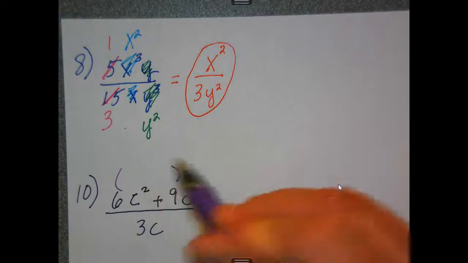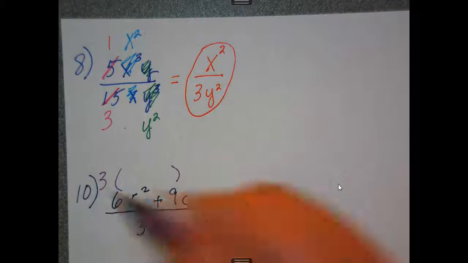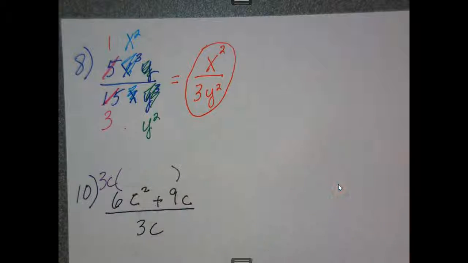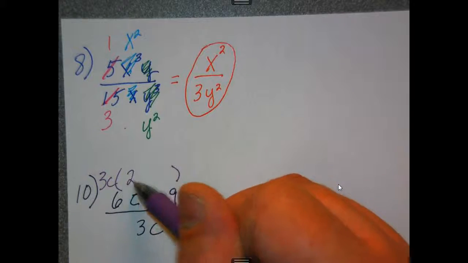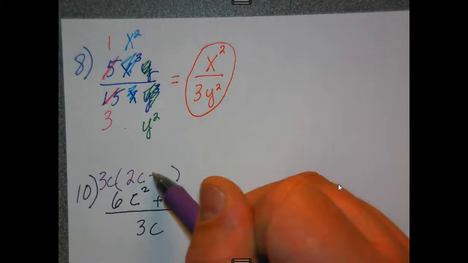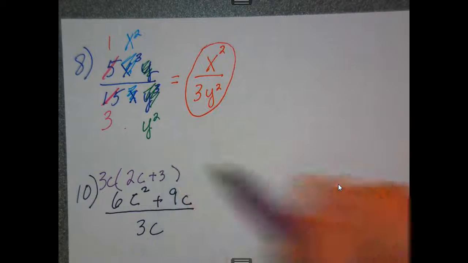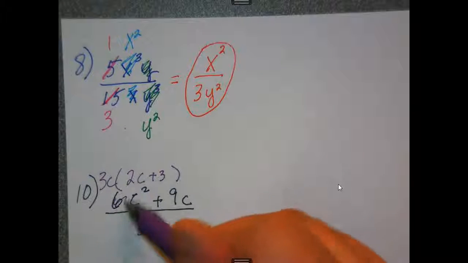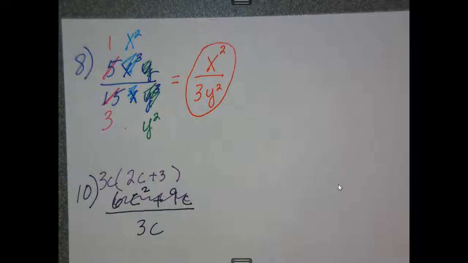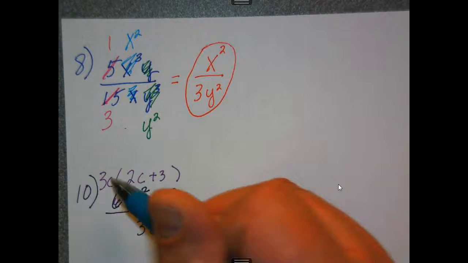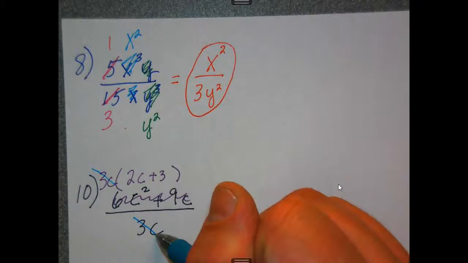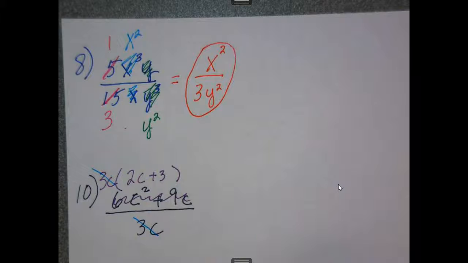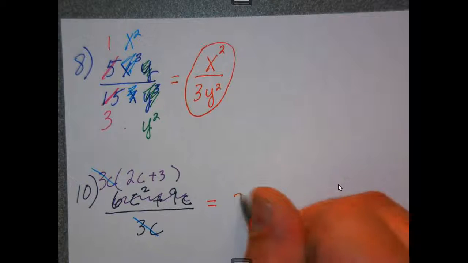Okay, I can take out a 3 and a c. I get 2c plus 3. So I can cancel out my 3c. And I have 2c plus 3 left over.